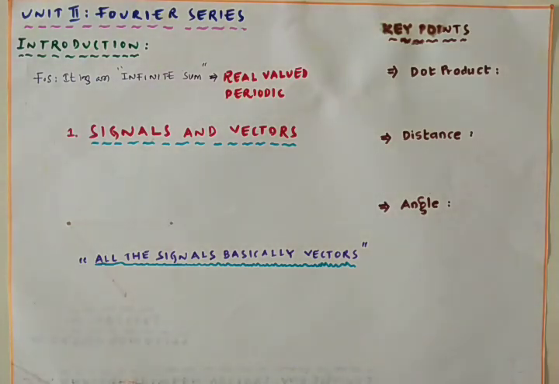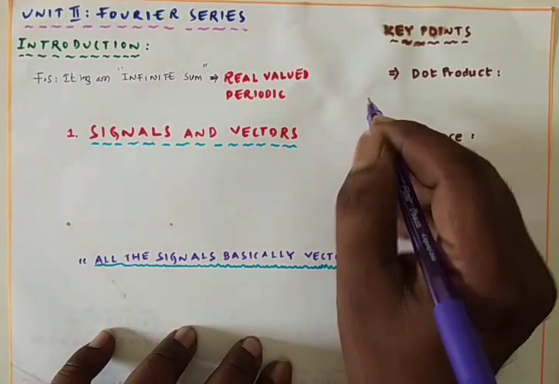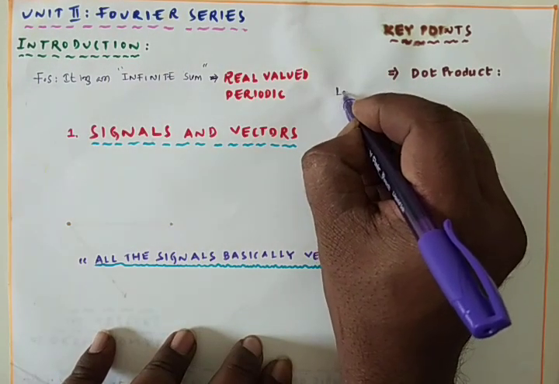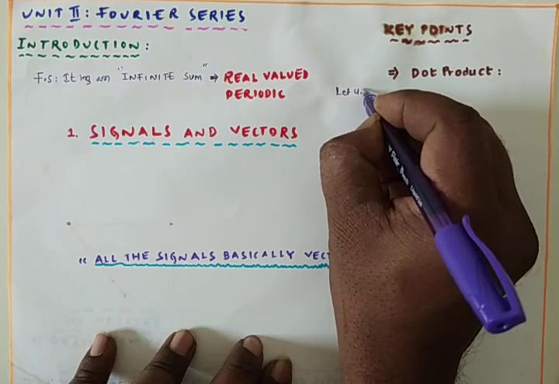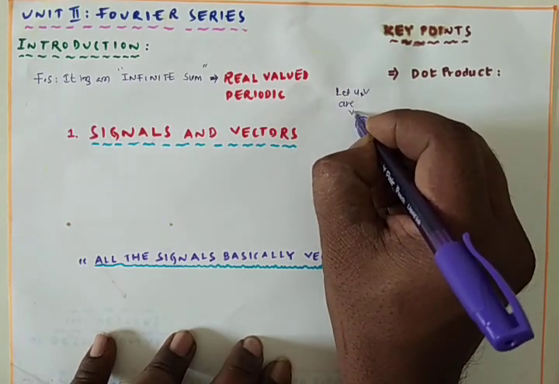First one is the dot product of vectors. Let u and v be two vectors.